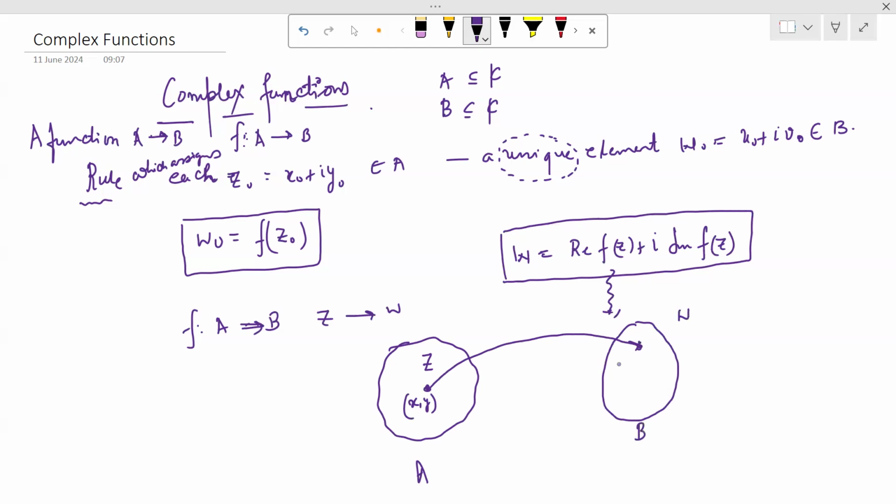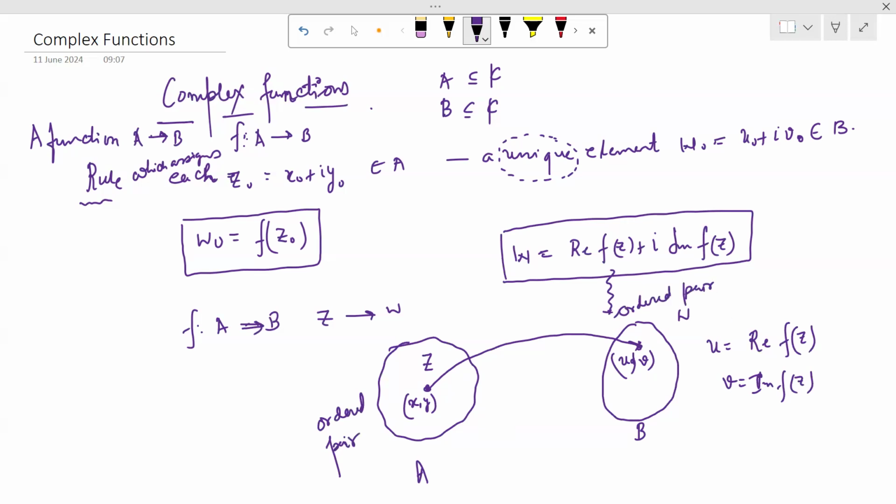And here it will be some U comma V. So what is U? U is the real part of Fz. And what is V? V is the imaginary part of Fz. So in complex analysis, we map an ordered pair to an ordered pair.